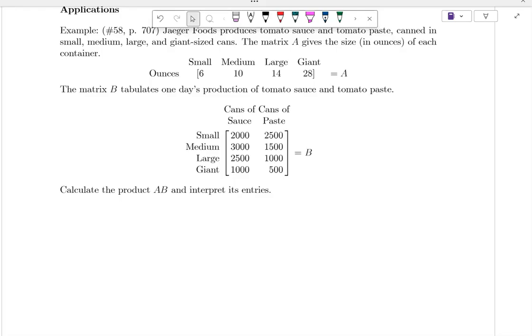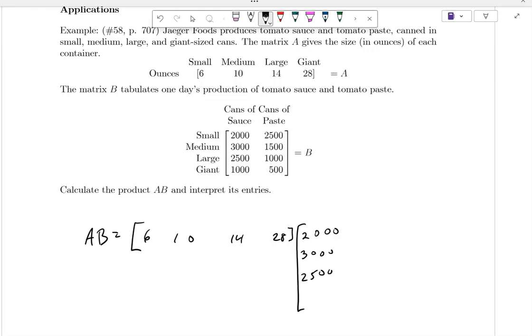So regardless of the context of the problem, we can't do BA. We could do AB. So let's do AB, and then we'll worry about the interpretation in a little bit, and give you a little insight why we care about such things.